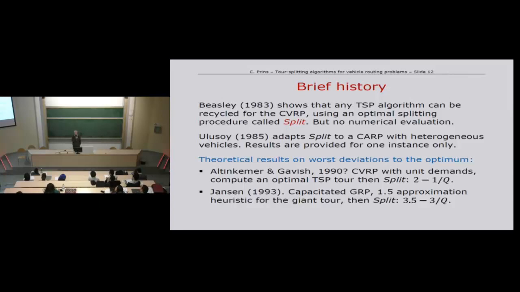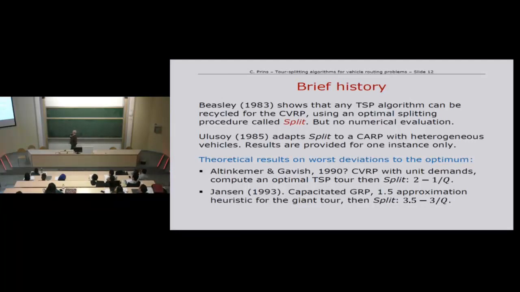So it was a good old time where it was possible to publish without a heuristic, even without numerical results. It's more difficult now, I think. And Ulusoy in 1985 adapted split to a CARP with heterogeneous vehicles, and he gave one example on the drawing of one small graph.